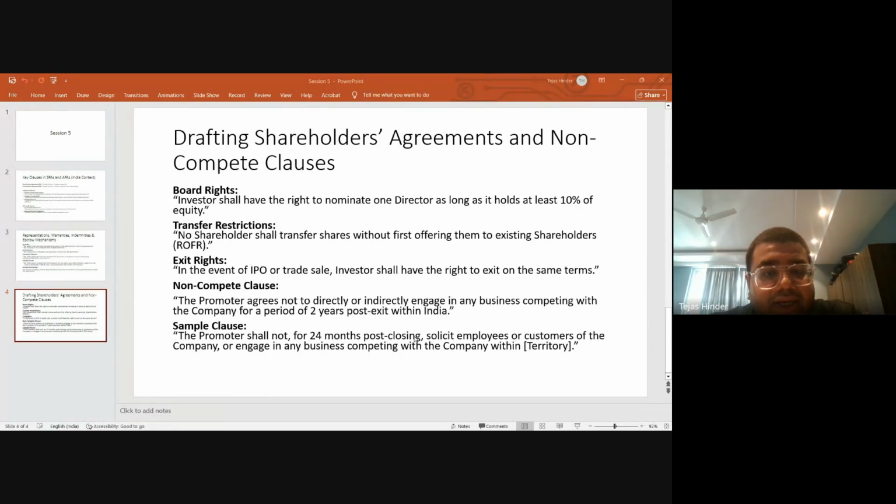So the parties agree that this restriction is reasonable and necessary for the protection of the company's business, goodwill, and confidential information. As far as non-solicit clauses go, a non-compete is for a promoter, a founder, or a seller. The non-solicit also will come to a promoter, founder, or a seller, where they shall, let me just give the sample clause to you. I think it'll be easier for you to understand.